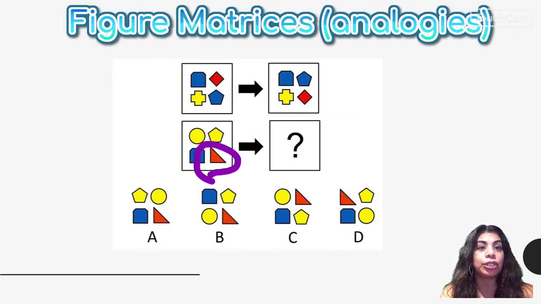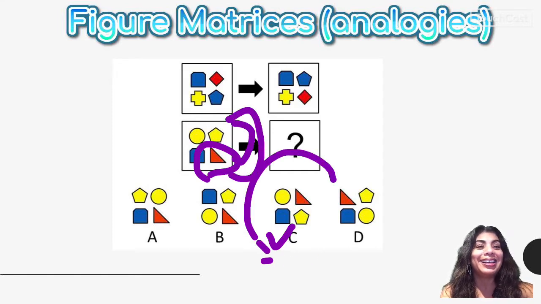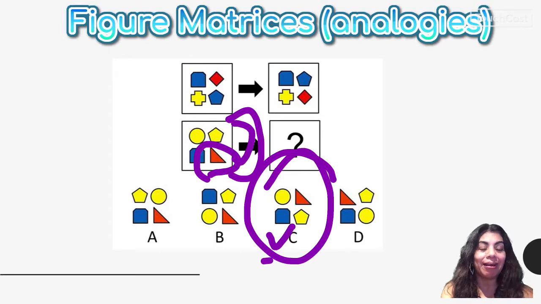So I'm going to take this shape and swap it with the one above it. That means that the circle and the blue shape below it stay the same. So this one is a possibility, but now I need to flip those 2. Then this one goes up and that one goes to the bottom. And so C would be the right one.